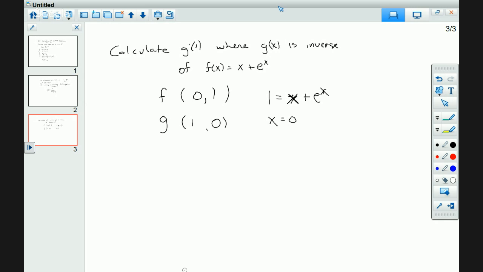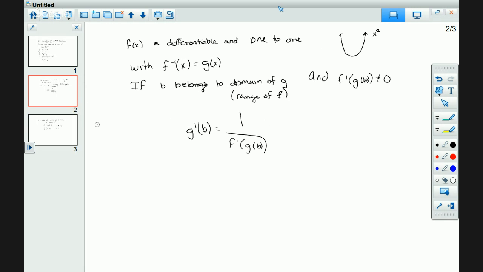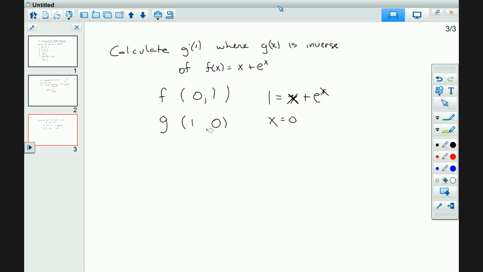So, to the formula, you need g of b, which we just found. b is 1, the result of that is 0. So, let me write that formula down. We also need f prime, right? What's f prime?